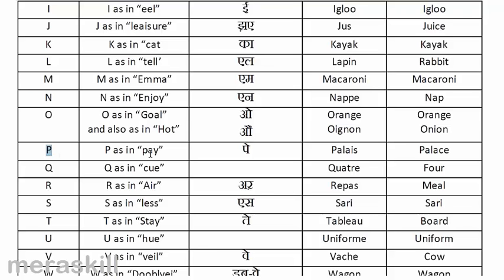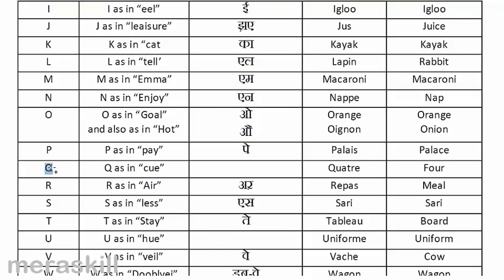P becomes pay. Yep, pay as in the pay. Palais. What is the word we're using here? Palais. Pay. Q. This is another one which I couldn't get in English or Hindi.